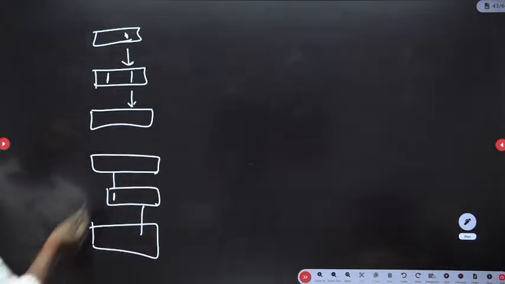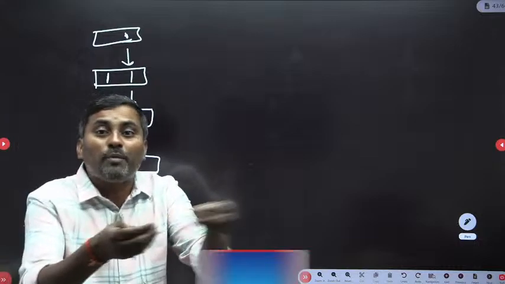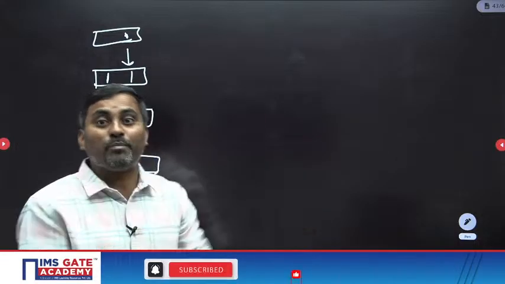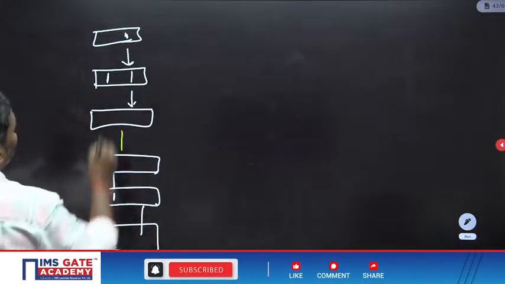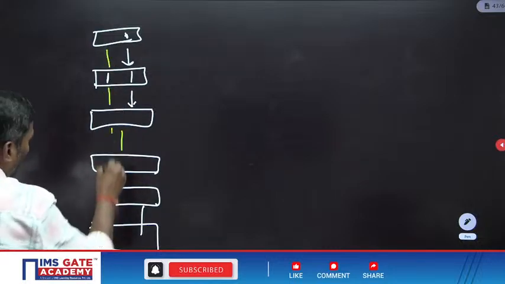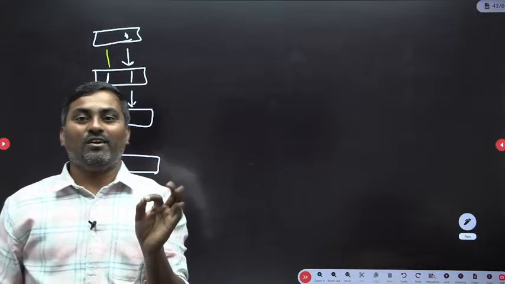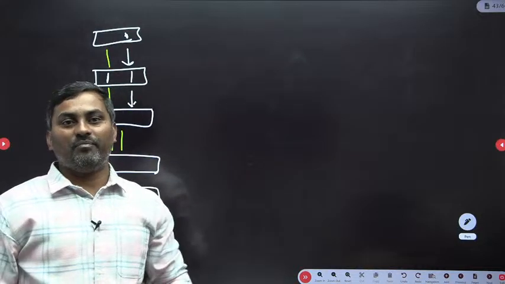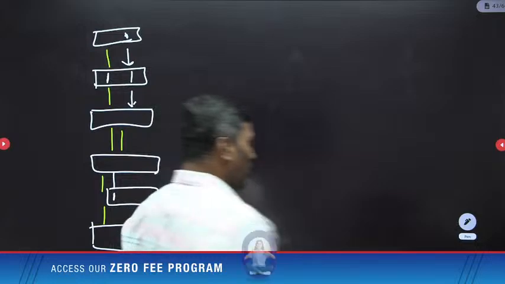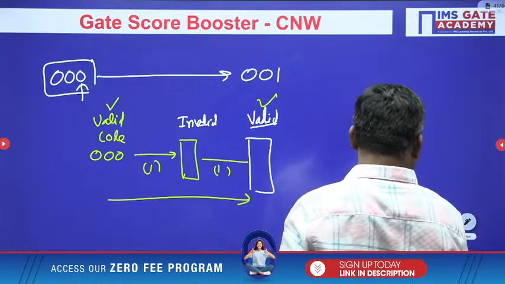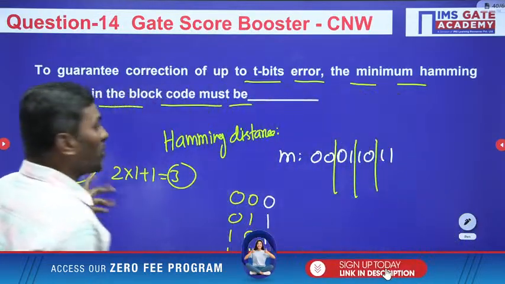So invalid codes should not be common. Therefore the distance, if you see, is 1, 2, 3, 4, 5. To correct a 2 bit error, 5 is required. Therefore 2t plus 1. Can I generalize or not, all of you? Can I generalize 2t plus 1?